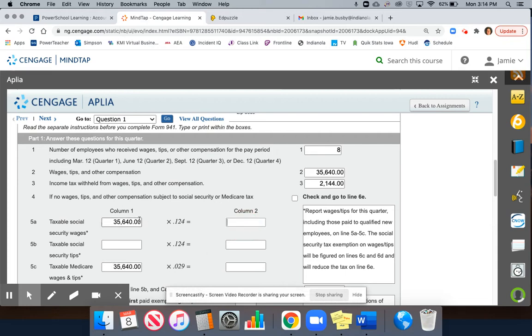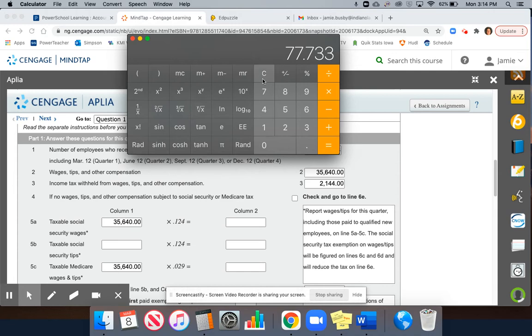Then it tells you the math to do. $35,640 times 12.4%. That is 6.2 times 2, because 6.2% for the employee, 6.2% for the employer. So our total amount.